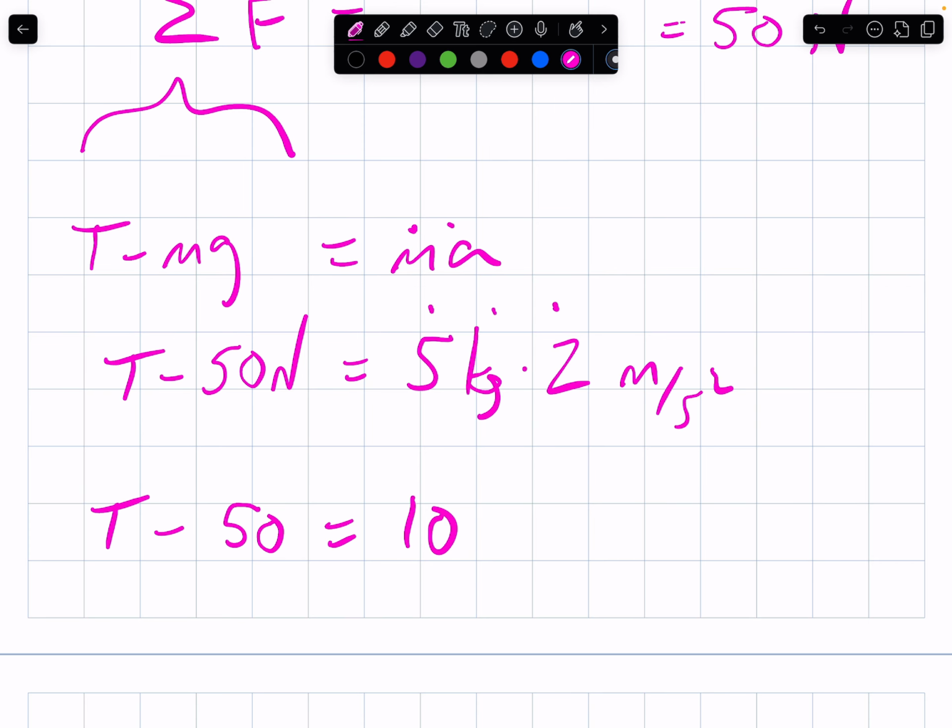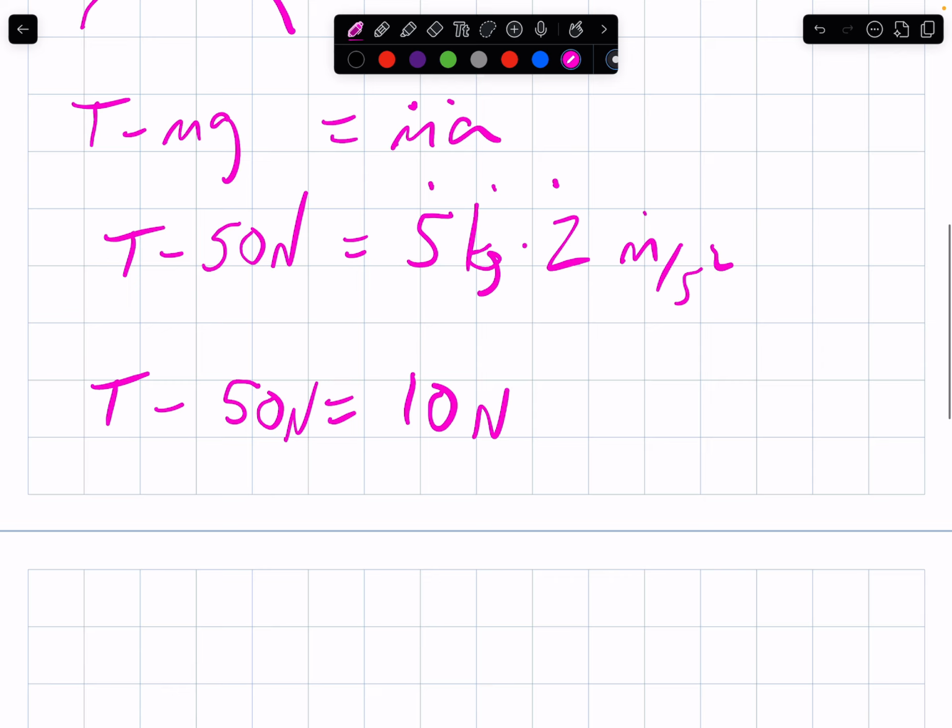And the kilogram times a meter per second squared is a newton. So T minus 50 is equal to 10. Gee, so what does that make T? Well, let's see. 60 minus 50 is 10. But if you want the numbers, we can do the numbers.